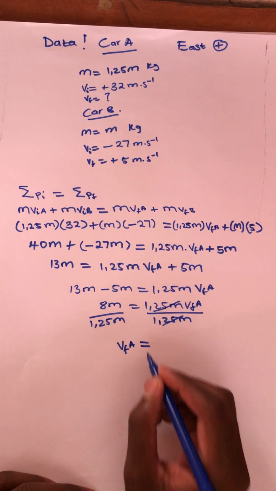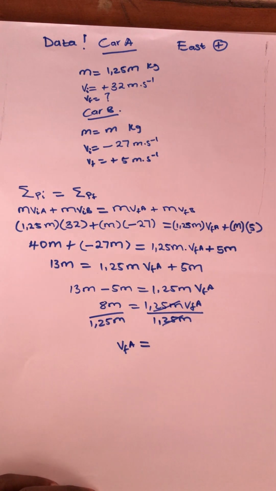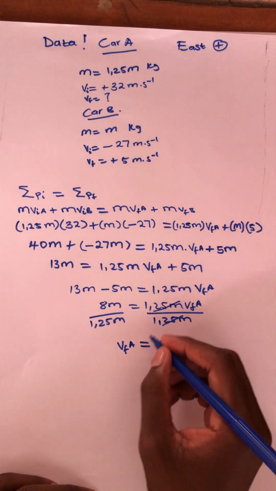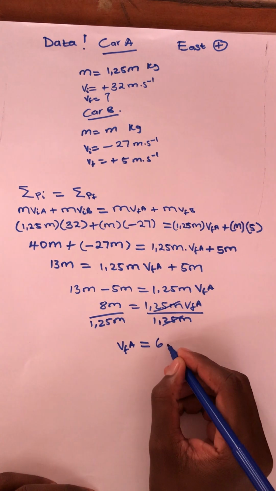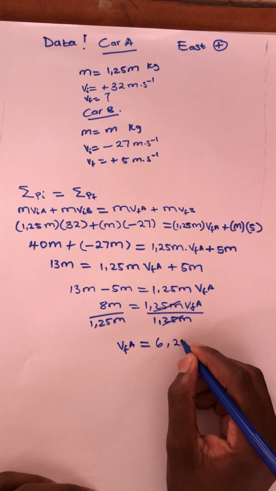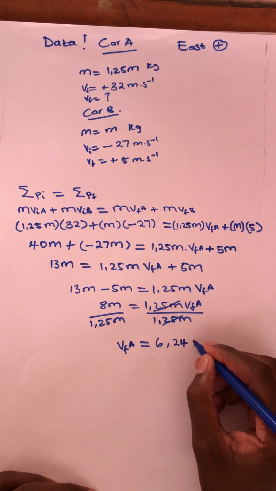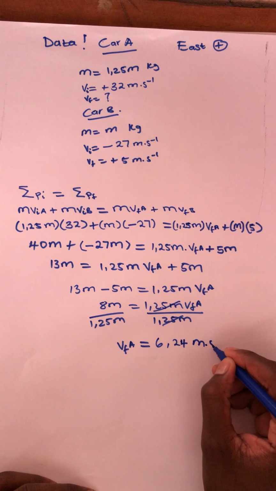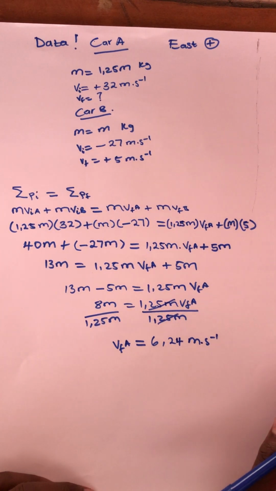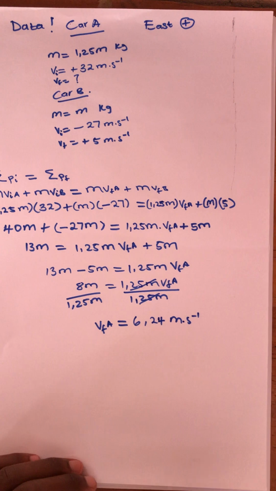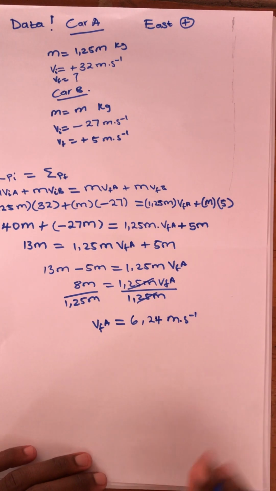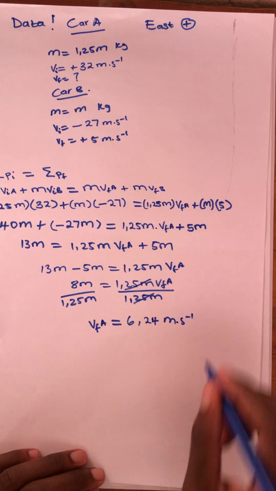VFA is equal to 6.4 meters per second. Since this is a velocity, it has direction.